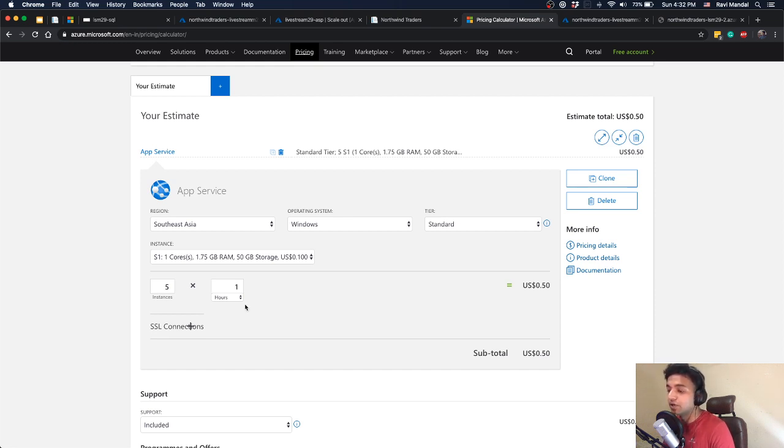So what you should do is scale your applications to the number of instances that you want, and then scale back down to the number of instances required to maintain the application state. For example, in the morning you can have your application scale to only one instance, but in office time it can scale to 10 instances, and after office hours it can scale back down to one instance.